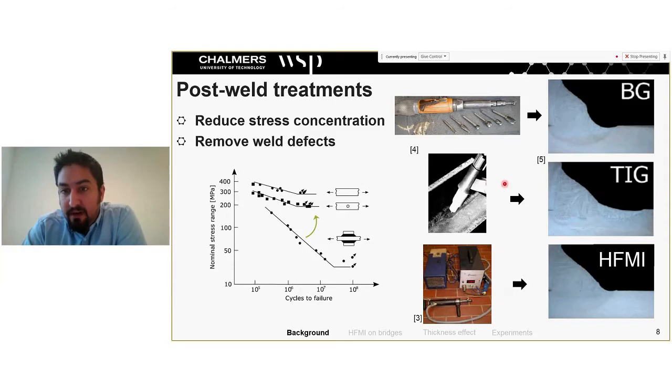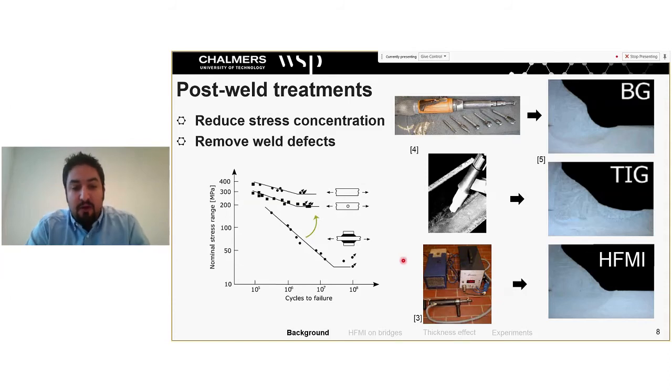In the middle one here, the goal is the same, and the result is also the same, a little bit better maybe. This is by remelting the weld. And the last one, which will be the focus of my presentation, is the HFMI treatment, which impacts this region which is sensitive and makes to some degree a smoother transition.